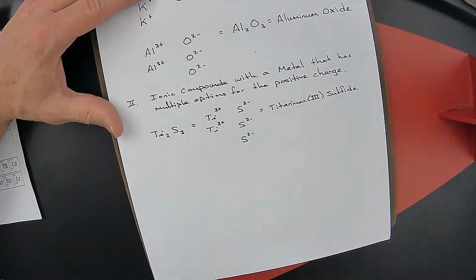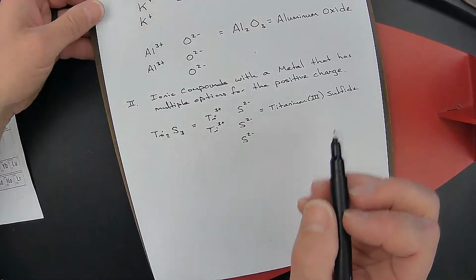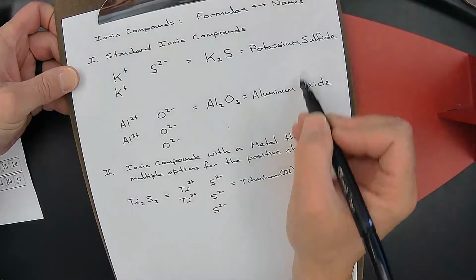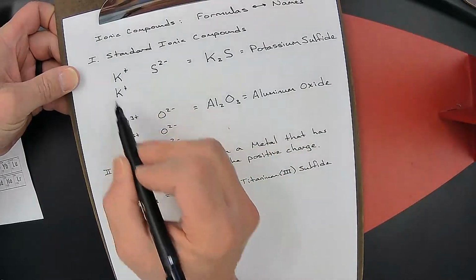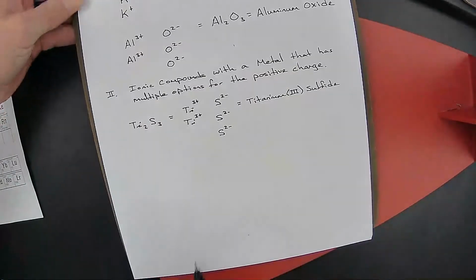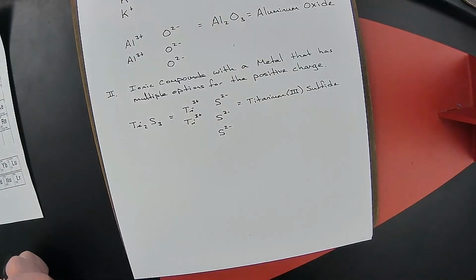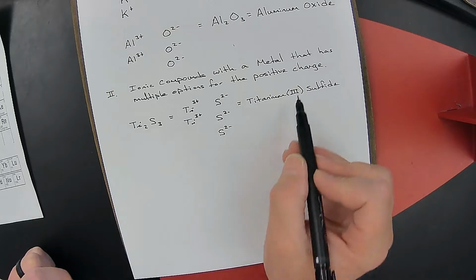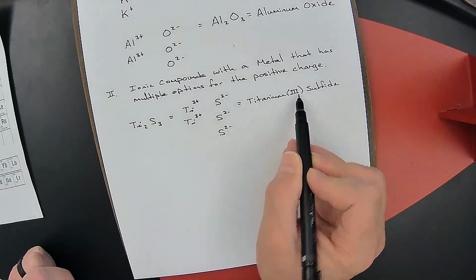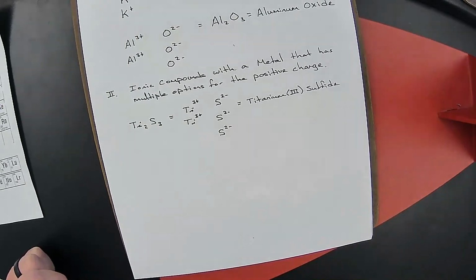Titanium(III) sulfide. Notice up here, I did not use Roman numerals because the charges on the metal ions are not multiple options. But now, titanium has multiple options. So we have to identify the charge based off the name.